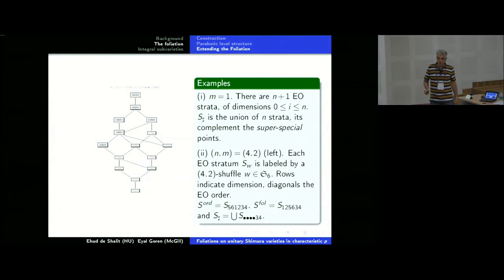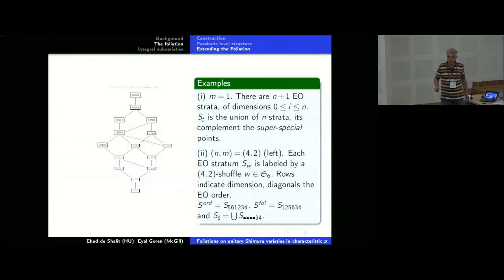And S lower sharp, in fact, will be the union of n of them. So only the very last stratum, the so-called superspecial points of dimension 0, is not in S lower sharp, so you can extend without meeting singularities the foliation all the way to the superspecial points, from the top dimension, which is n, to dimension 1.